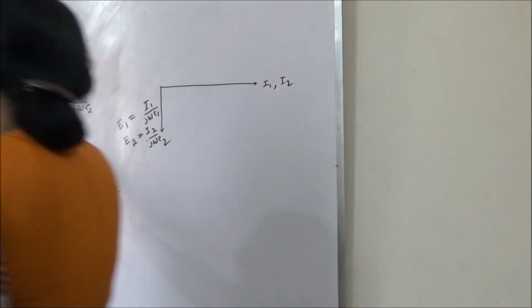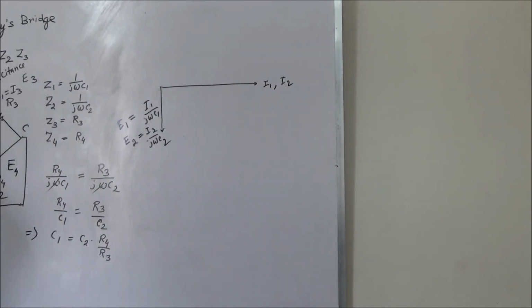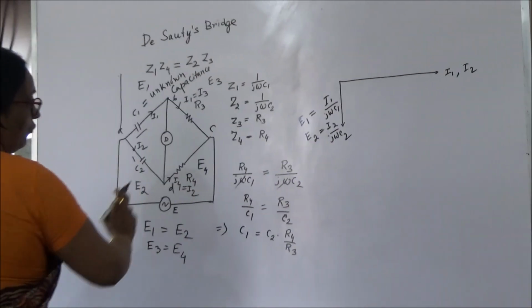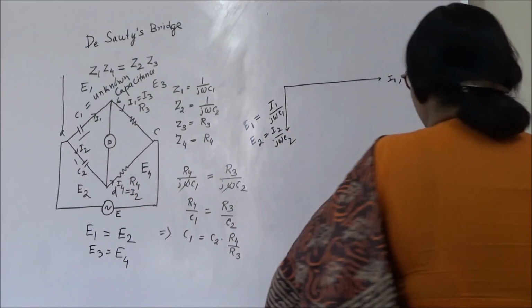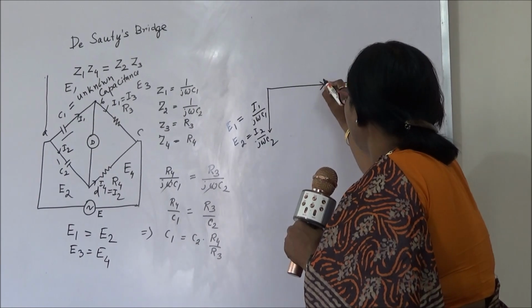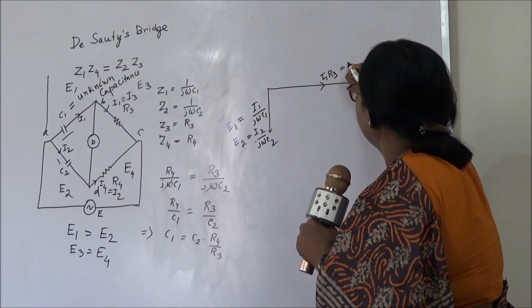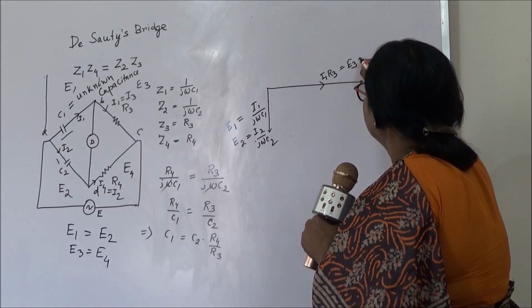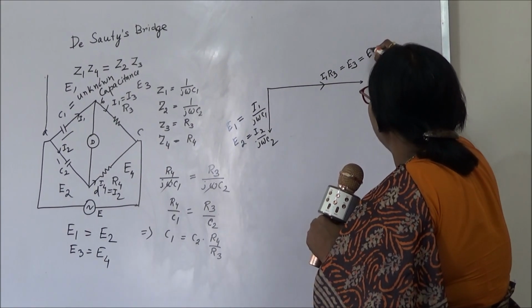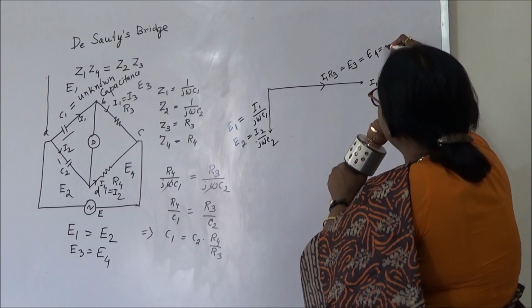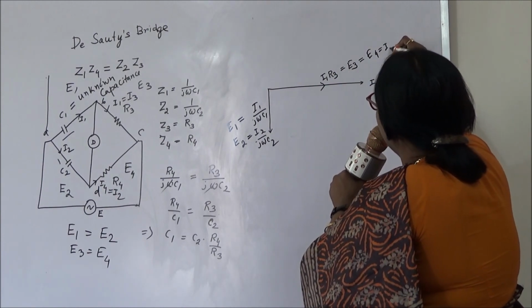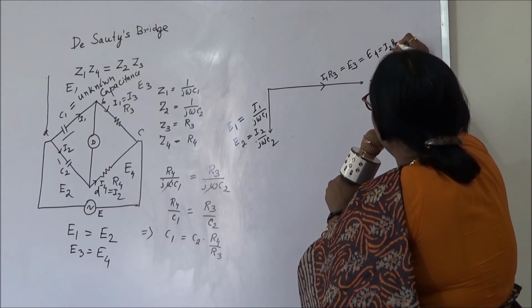Now I1 R3, this drop, and I4 R4. I1 R3 is equal to E3. This is equal to E4, which is equal to I2 R4.